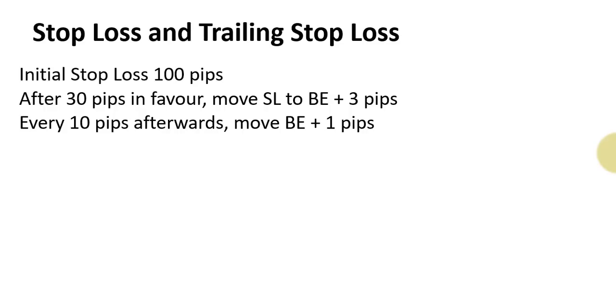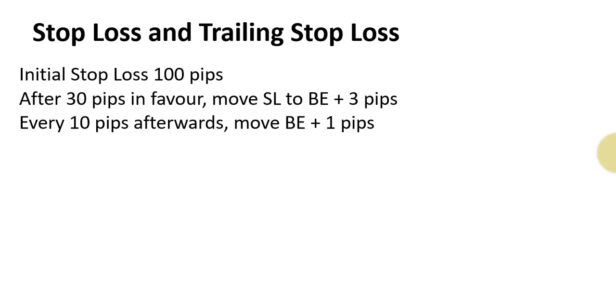Once you have the first break-even move, every 10 pips afterwards, you add 1 pip to your break-even. So you move your stop loss by 1 pip for every 10 pips your price goes up in your favor, and so on and so forth.